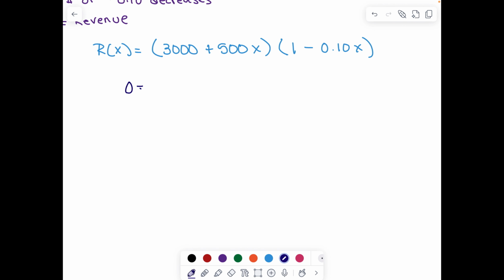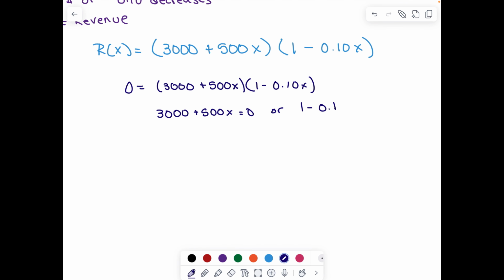So we're going to say 0 equals 3,000 plus 500x times 1 minus 0.1x. So we have 3,000 plus 500x equals 0, or 1 minus 0.1x equals 0.